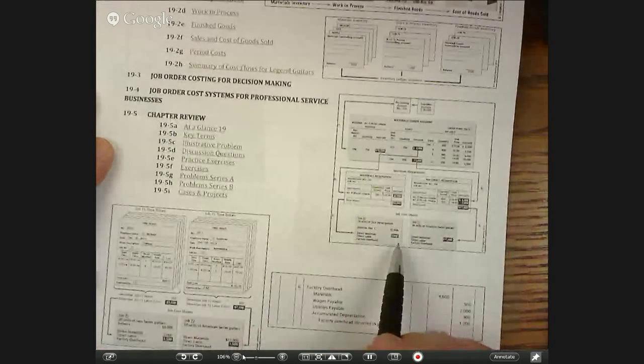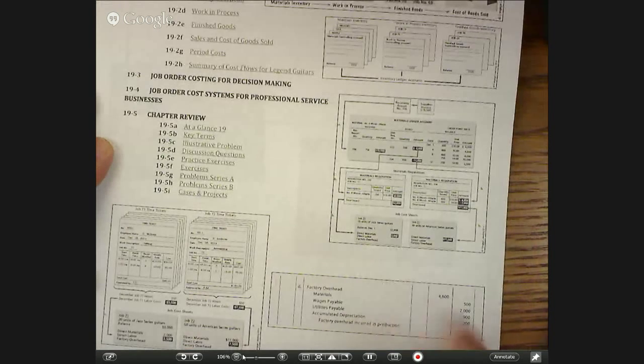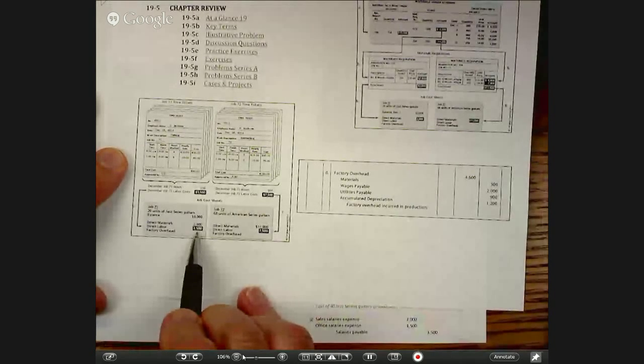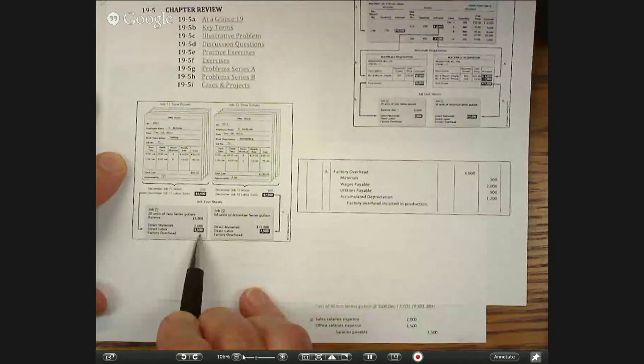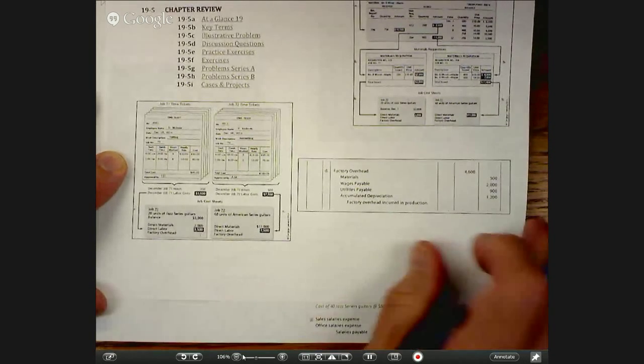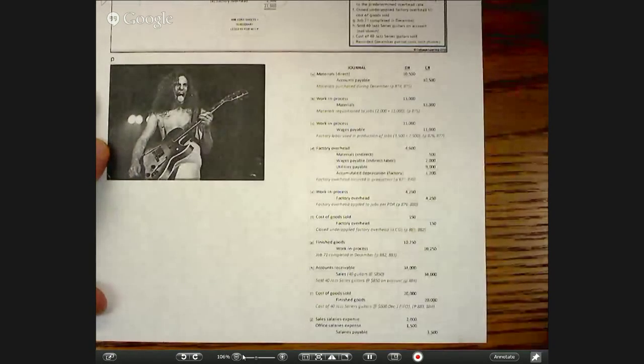material that was allocated to job 71. That would be $2,000. The total of the direct labor that was allocated to job 71, that is $3,500, plus the overhead that would have been allocated to job 71, which we have yet to calculate.